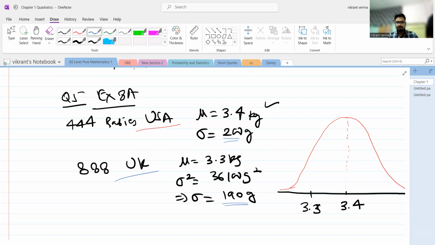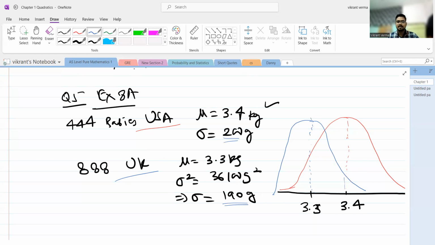Let me draw the line of symmetry here. This graph should be more narrow as compared to the other graph drawn in red.